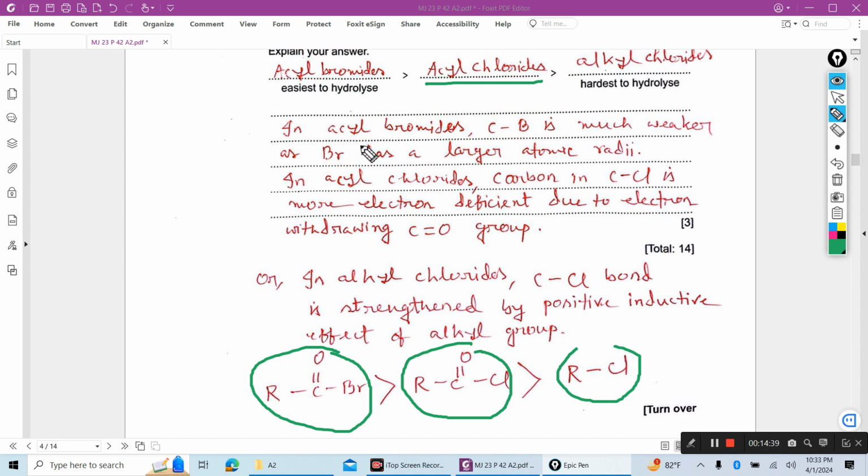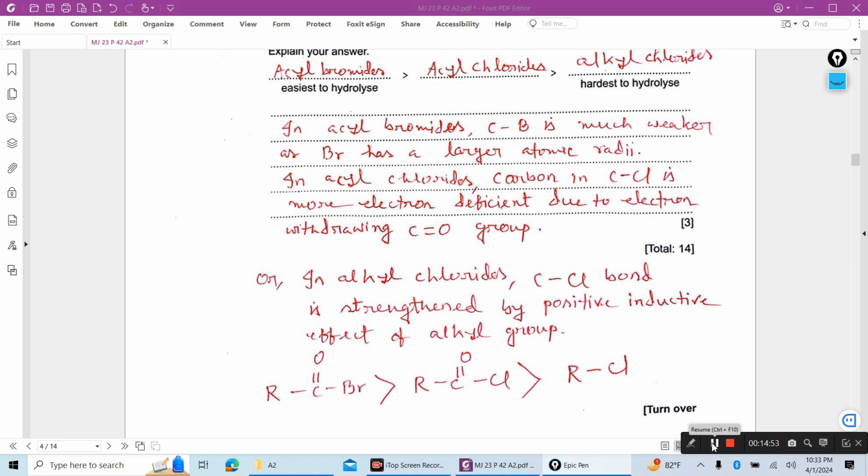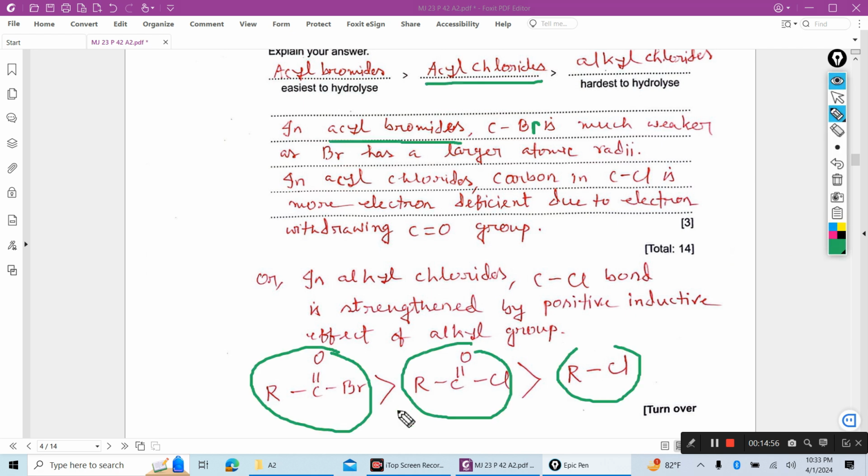Now the explanation why. You see here the C-Br bond in acyl bromide, acyl chloride and alkyl chloride.